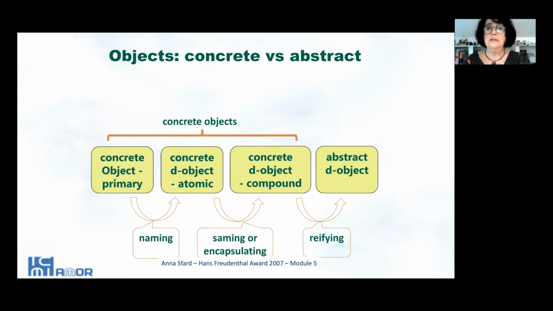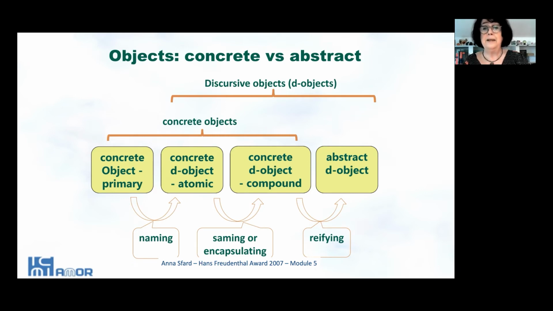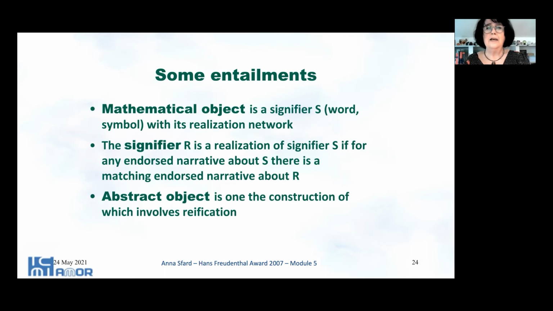Another distinction is between primary and discursive objects, between those that exist in the world independently from the human mind and those that exist only in discourse. Finally, I hope this is now quite clear that within this cognitive rendering, all mathematical objects are abstract because, first, they exist only in discourse, and second, all of them involve reification.